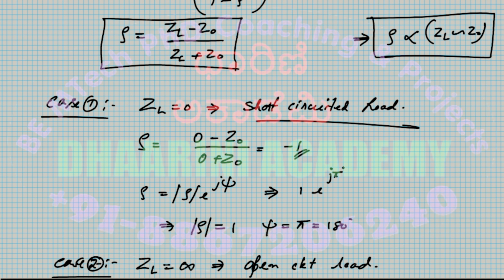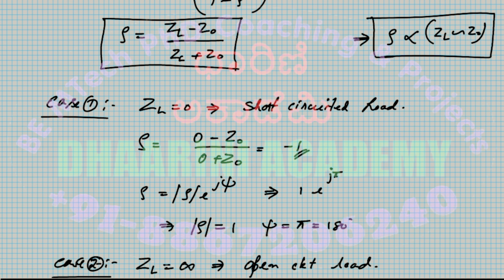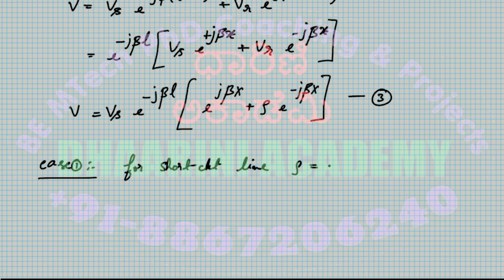Can you see here? Short circuited load. You remember? So rho should be equal to -1. Just check what's going to happen here. This implies, update your equation number 3.